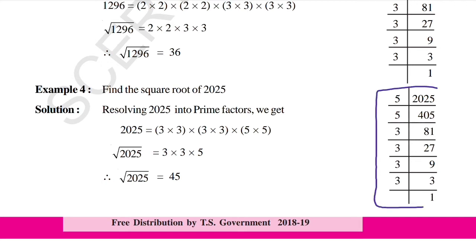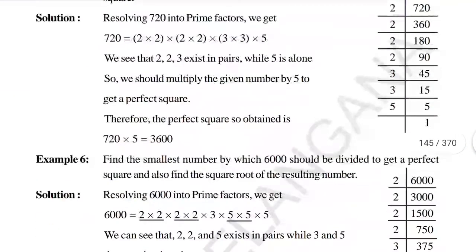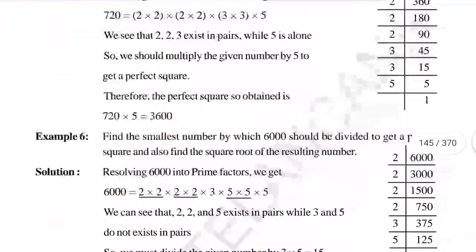Here is the process of writing the product of prime factors, and we have a total of 3 pairs. From each pair one number is selected, so the answer is 45. Next, let's go to the exercise. After the first bit I will explain example 5 and example 6.